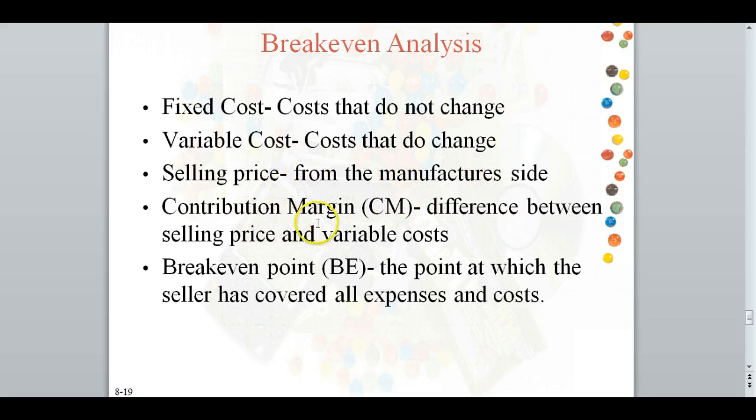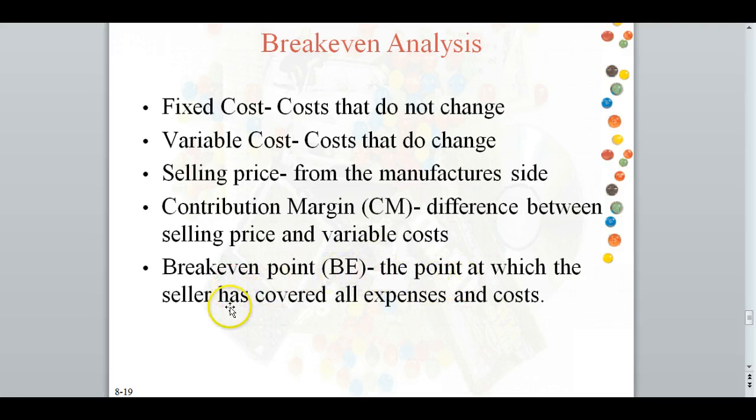Contribution margin is the difference between the selling price and the variable cost. So we can sell them for $1, we have a variable cost of 80 cents, so we have a contribution margin of that one pen of 20 cents.